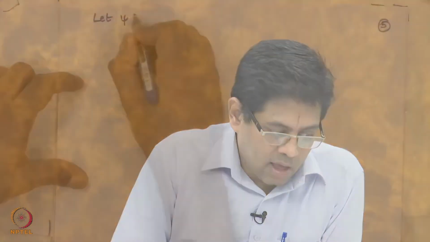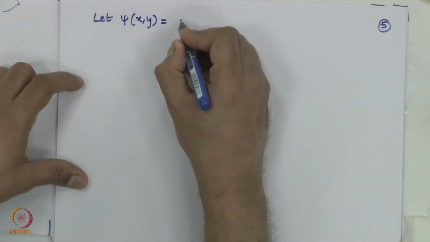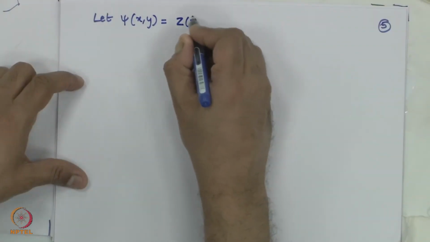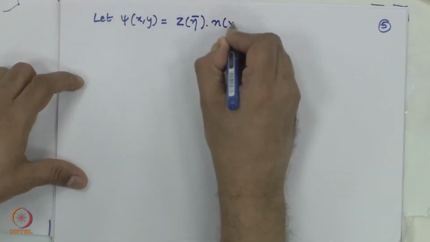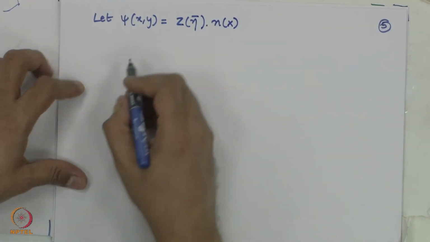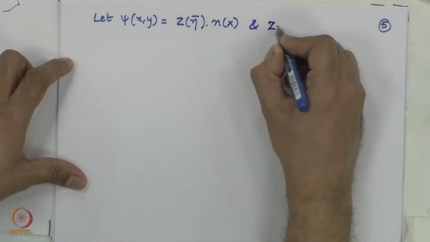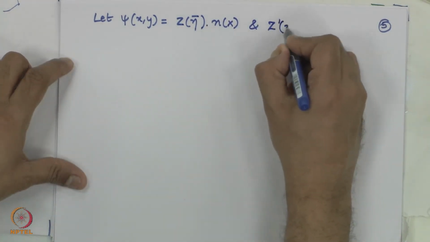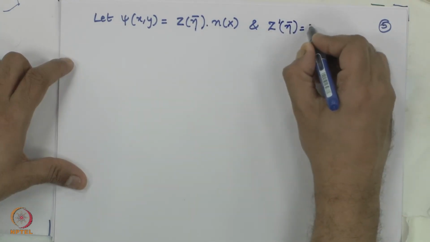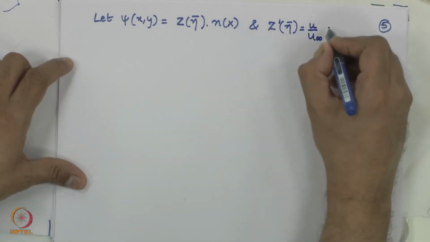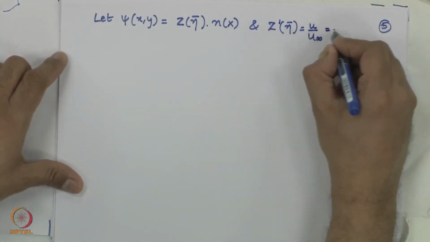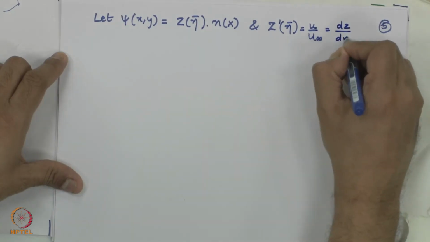Now we are going to say that the stream function psi of x comma y is z of eta bar times n of x, and z prime of eta bar is u by u infinity, where z prime is nothing but dz by d eta bar.